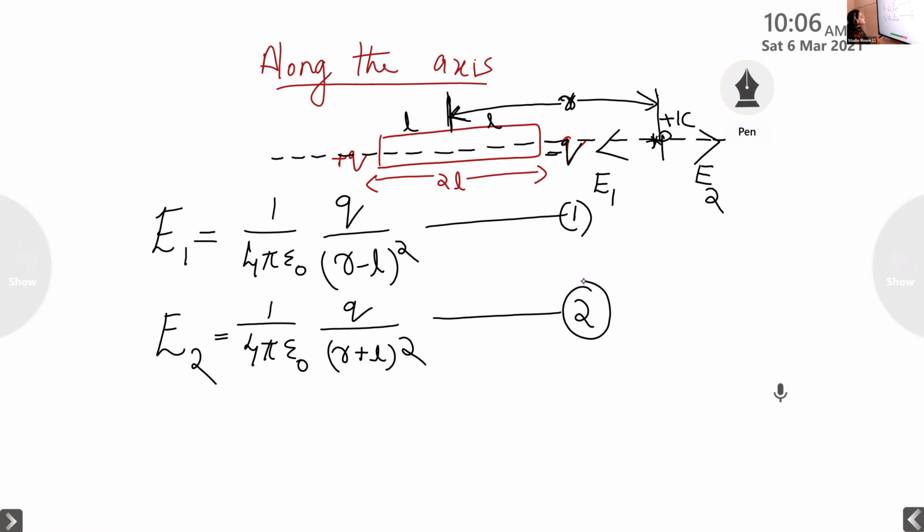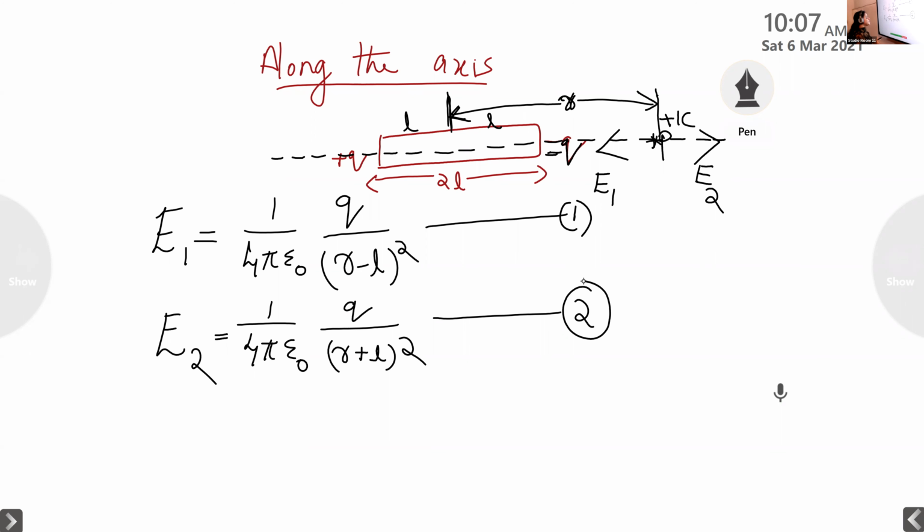So we are deriving the equations for electric field intensity at the particular point P due to the charges minus Q and plus Q. The electric field intensity at point P due to the charge minus Q is given by E1 is equal to 1 by 4 pi epsilon 0 Q divided by R minus L the whole square.